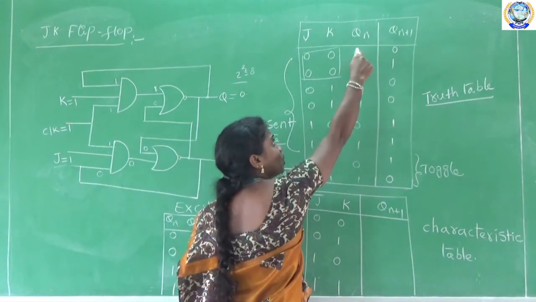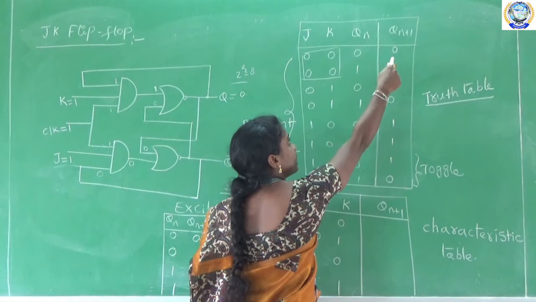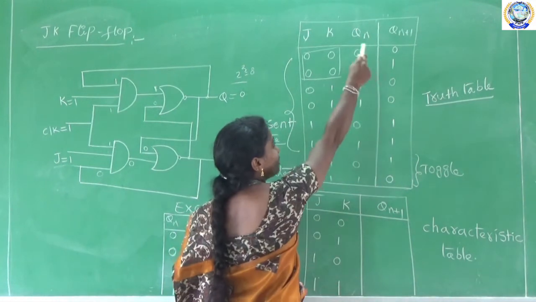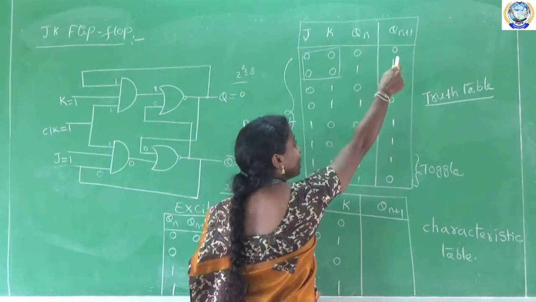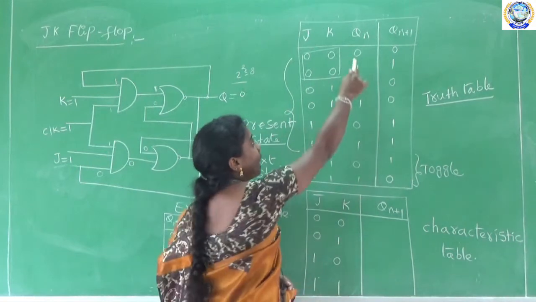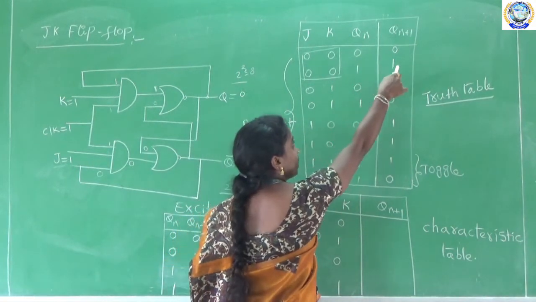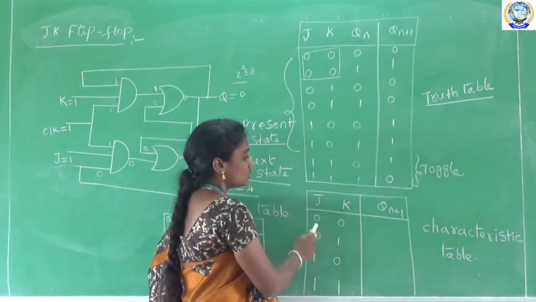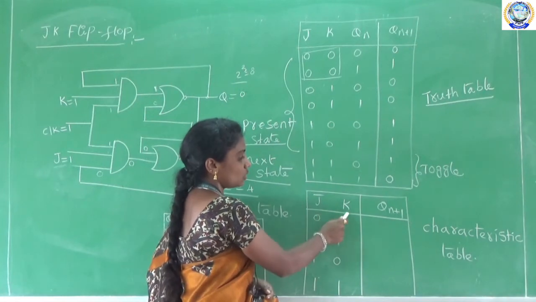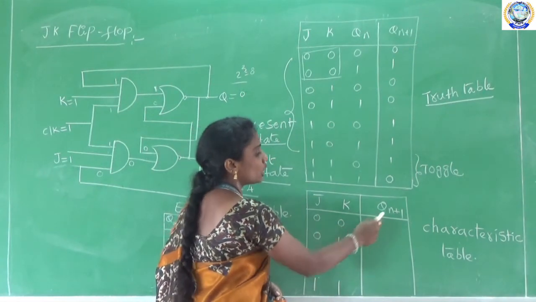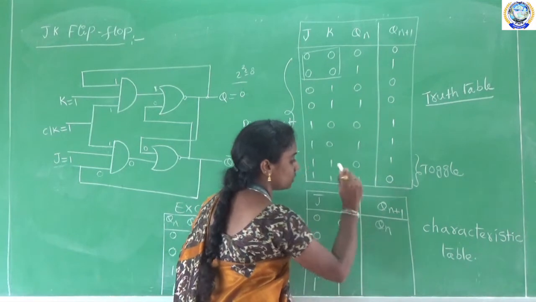Whatever the Qn may be, that will be available at Qn plus 1. Here Qn equal to 0 means Qn plus 1 equal to 0, and Qn equal to 1 means Qn plus 1 is also 1. So J equal to 0, K equal to 0 means Qn plus 1 equal to Qn.